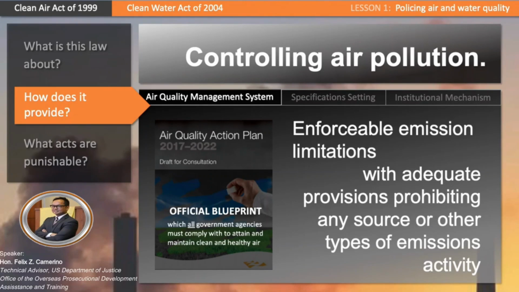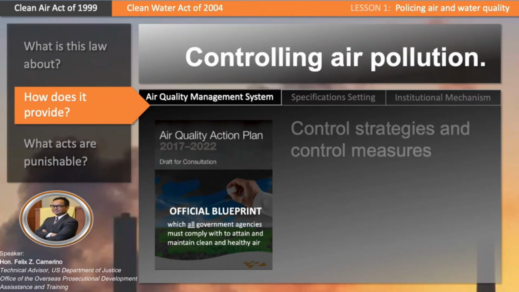Okay, what else? Well, we already actually talked about control measures, but this one is about how this action plan actually enables entities and organizations to be able to comply.